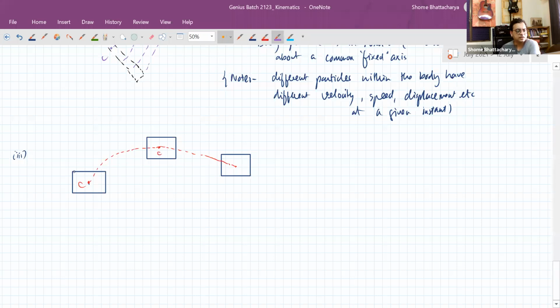So now we can see that if you take this corner point, it will have an identical path. The initial and final point may not be the same, but its path is going to be identical. So at any instant, their velocities are going to be identical. Their accelerations are going to be identical. So this happens when the body is not rotating about its center of mass as it is moving.